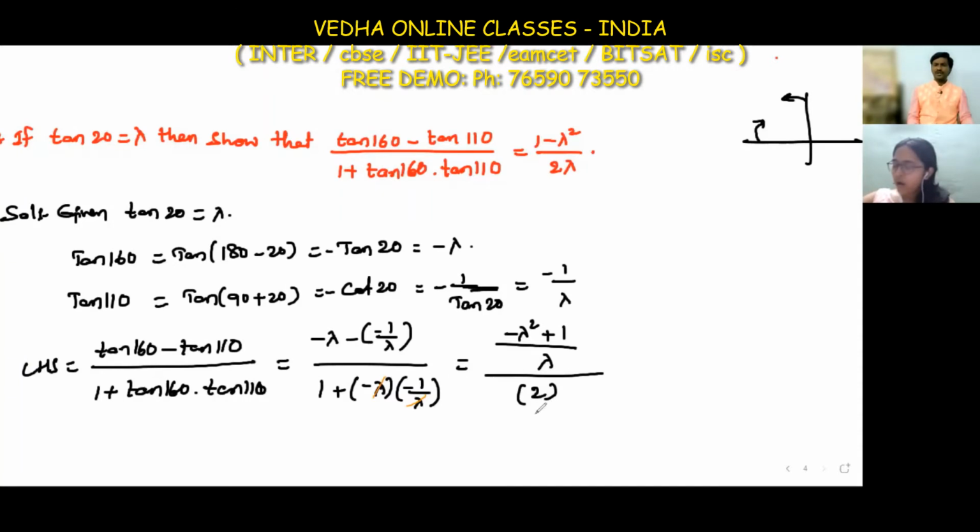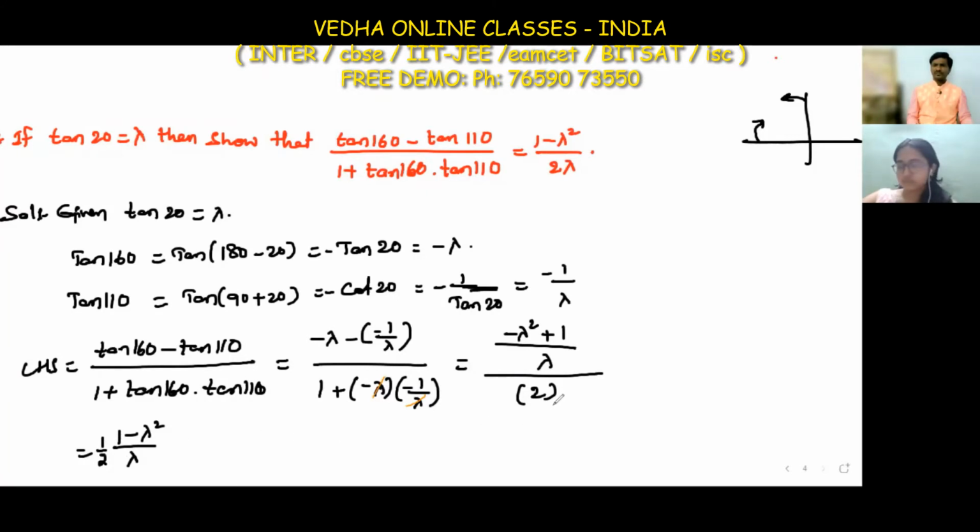2 is 2 by 1. We can take it to the numerator, and we get the reciprocal, 1 by 2. So minus lambda square plus 1 we can write as 1 minus lambda square divided by lambda, and this divided by 2 we write as 1 by 2.